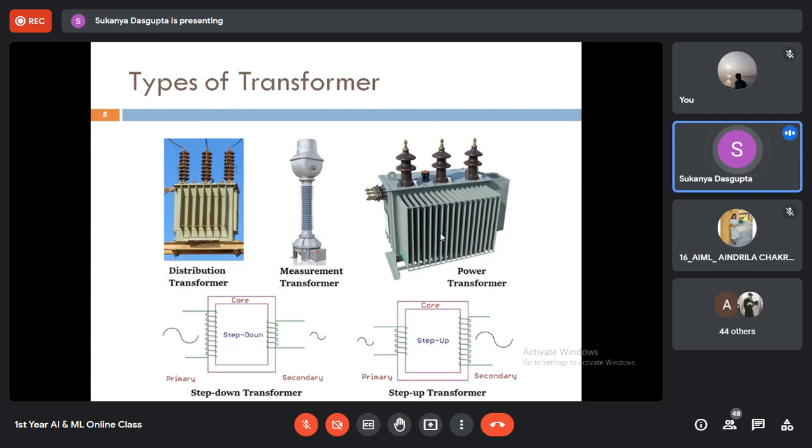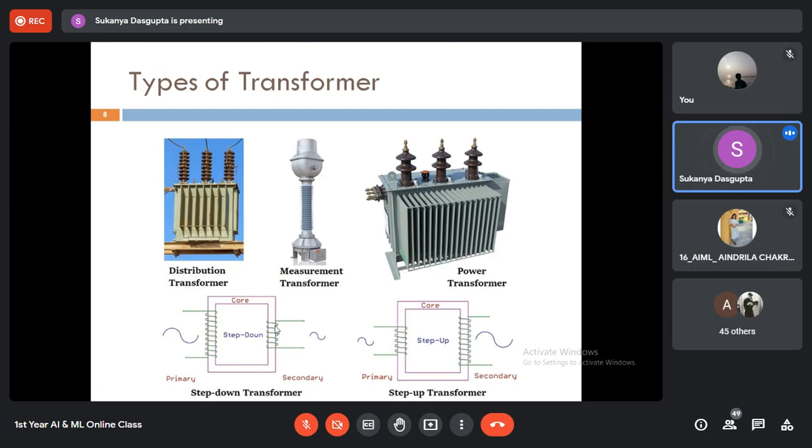Now this slide is showing different types of transformer. The main three types of transformers are the power transformer, distribution transformer, and measurement type transformers. Power transformers can again be of two types: the step down transformer and step up transformer. In the case of a step down transformer, you can see the voltage level is getting reduced from the input voltage, and the secondary circuit has fewer turns compared to the primary.